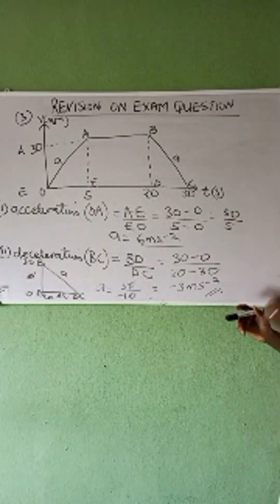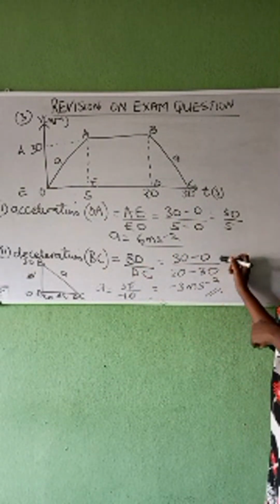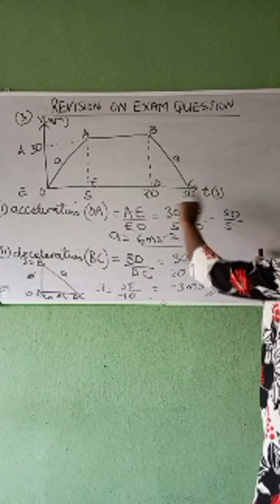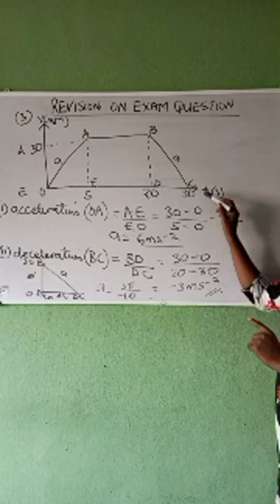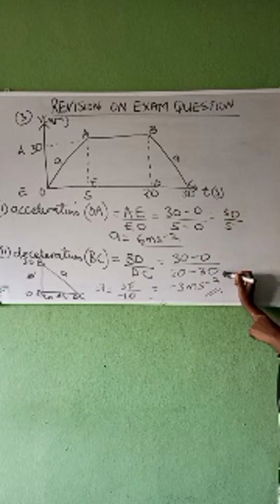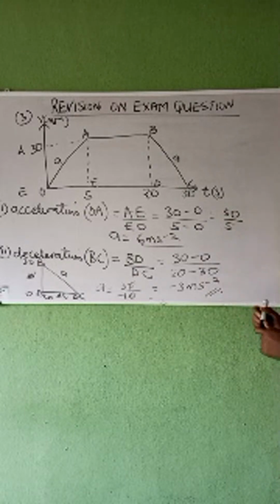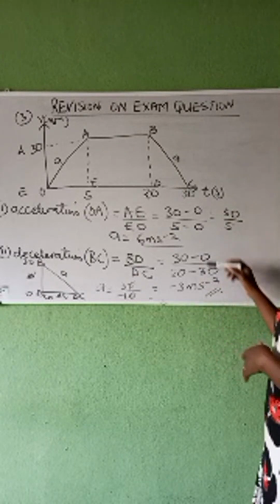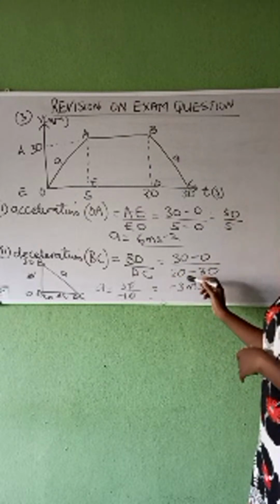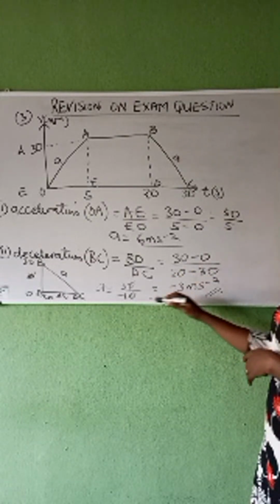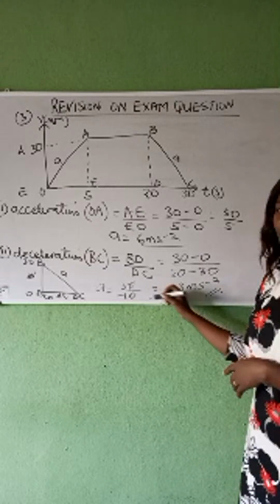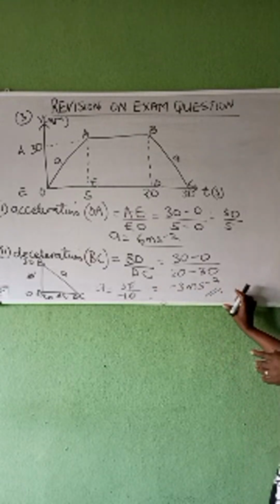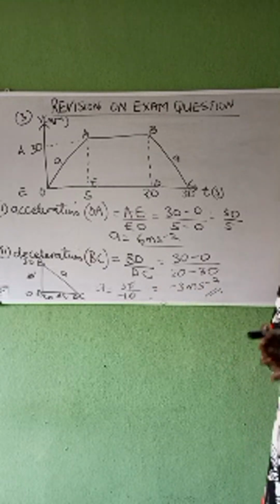That is 30 minus 0. While D here becomes 20 minus my C becomes what? Minus 30. Okay? So by the time you subtract, what do you have? 30 minus 0 is 30. 20 minus 30 becomes minus 10. By the time you cancel, I'm going to have minus 3 meters per second squared as my deceleration.